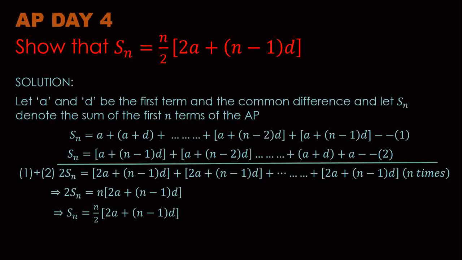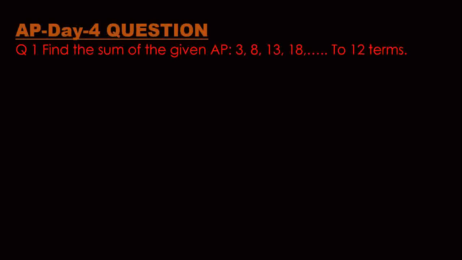So now the first question, AP day 4 questions. Find the sum of the given AP. We're given 3, 8, 13, 18 up to the 12 terms. So we have to add them.